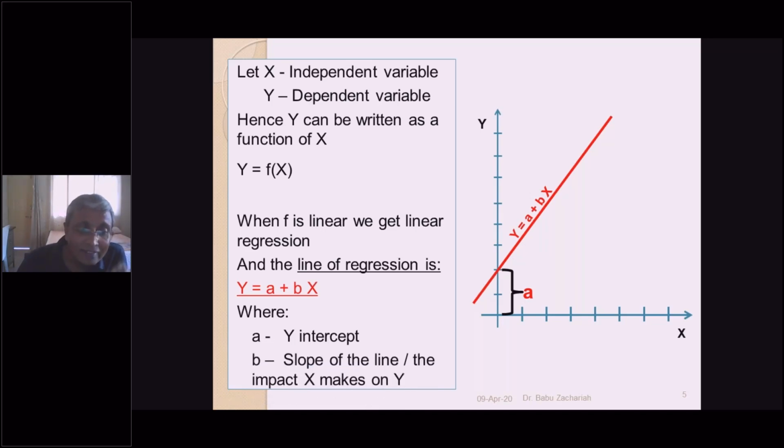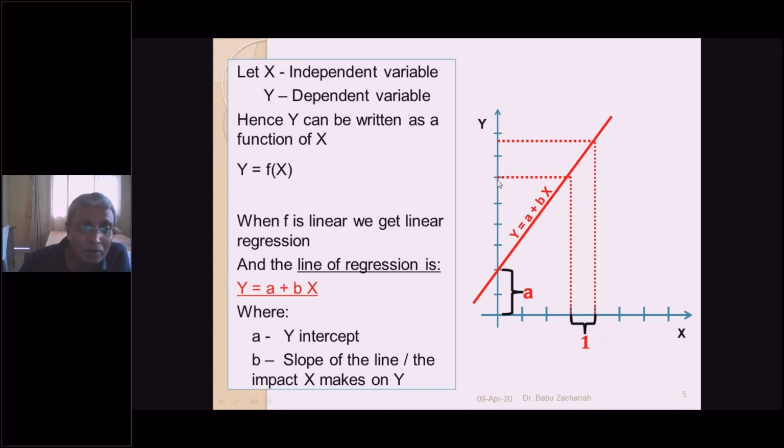Okay, and second thing, b is called the slope. What is the slope of a line? I will explain what b is. Here, I'll consider a difference of 1 unit in x, and see how much difference this 1 unit difference creates in y.